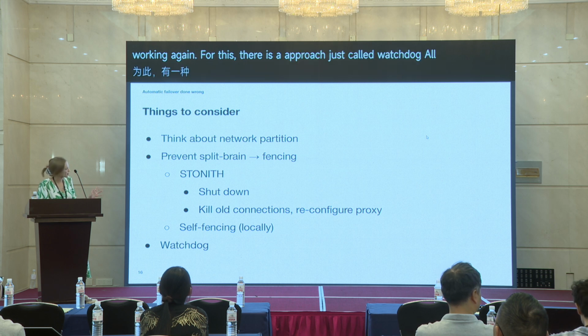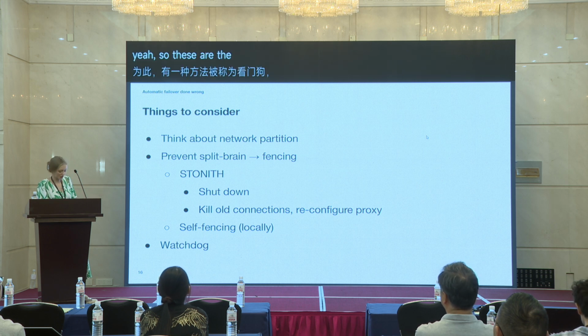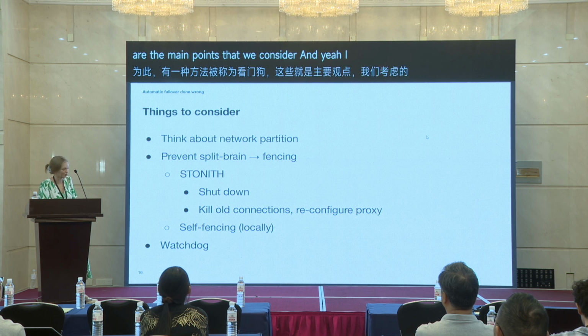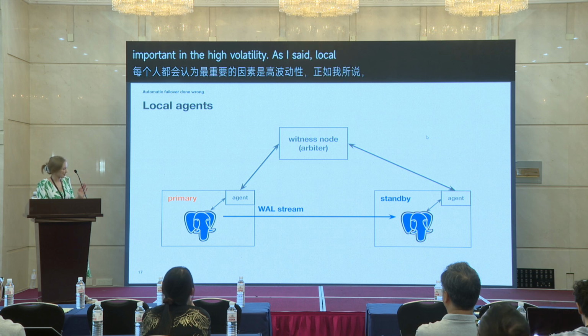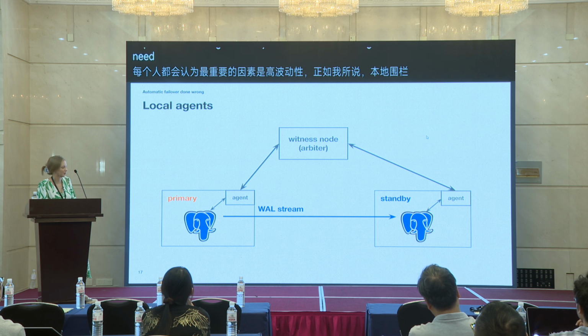So these are the main points that we consider, and I would say everyone considers the most important the high availability. So, okay. As I said, local fencing. This means that we need some kind of agent running near Postgres.